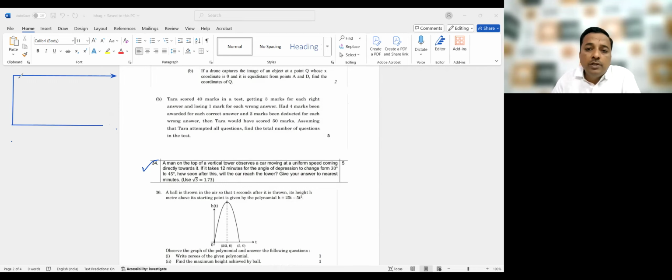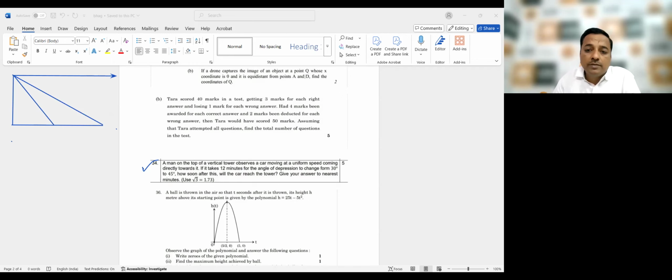So first the position of the car: if it is 30 degrees, the car is away from the tower, and if it comes to 45 degrees, then it is near the tower. Whenever an object comes closer, its angle increases, we had this in physics. So first he observed 30 degrees, and after 12 minutes the position of the car changed.